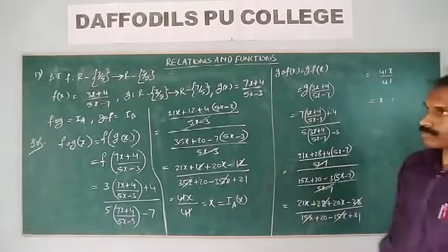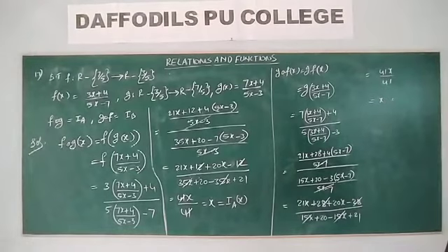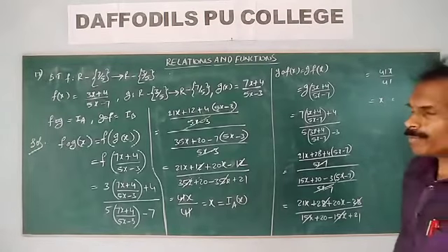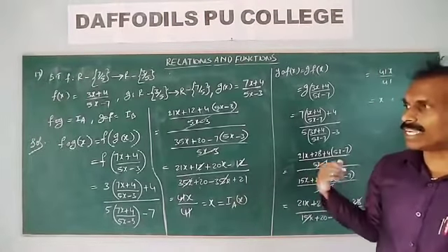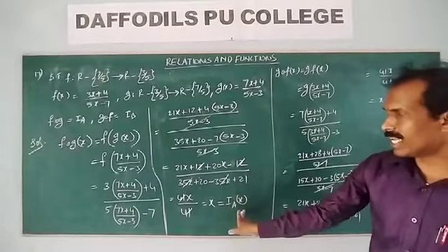So G circle F can be written as, suppose for example, A to B, and G is B to C. So finally we get A to C. So therefore that is I_A.